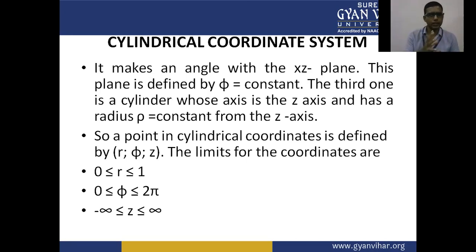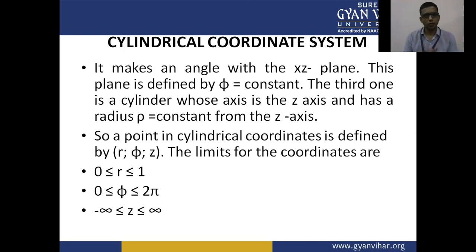The third one is a cylinder whose axis is the z axis and has a radius rho or r constant from the z axis. So a point in the cylindrical coordinate is defined by r, phi, z.